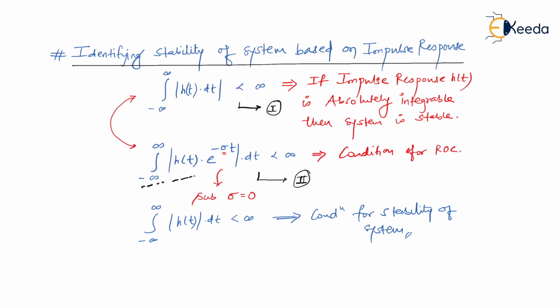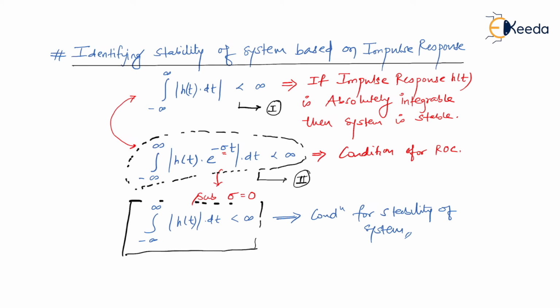So what I'm saying is, the integral operation that I'm highlighting is now derived. This derived condition is obtained by making sigma equal to 0. If you do it this way, what does that mean? This condition is satisfied at sigma equal to 0.